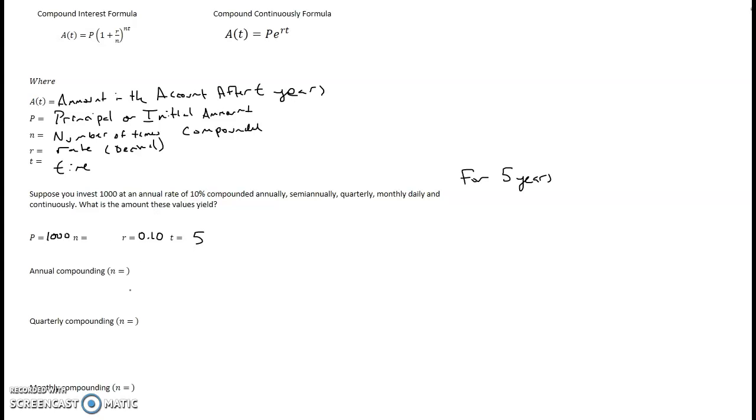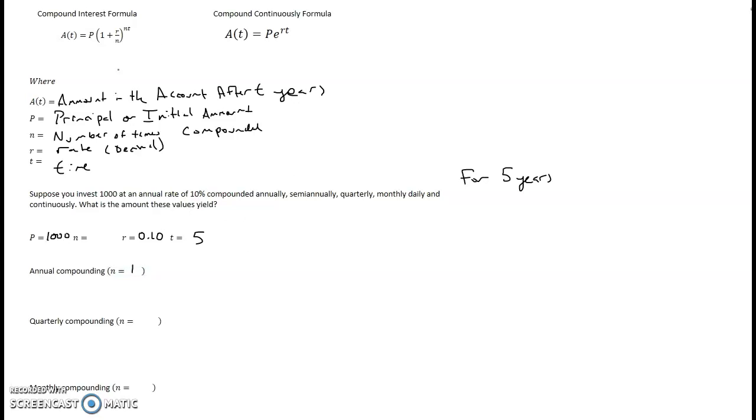We're going to be changing n here. So if we're compounding annually, how many times per year are we compounding? Well, if it's annually, we will compound once.